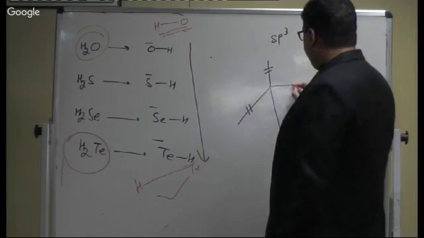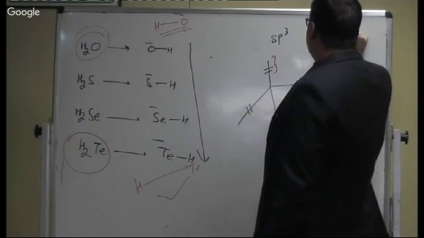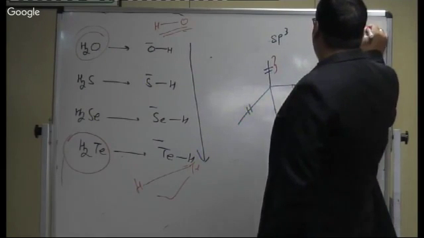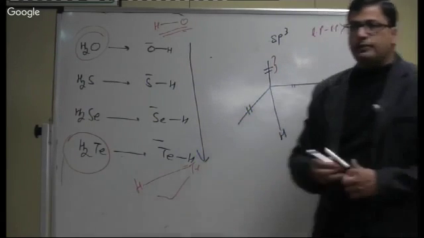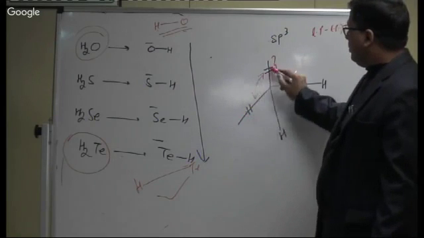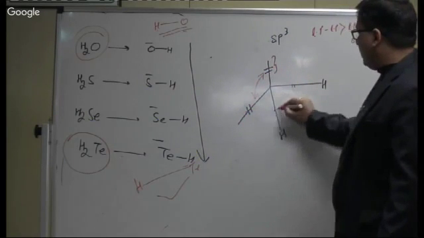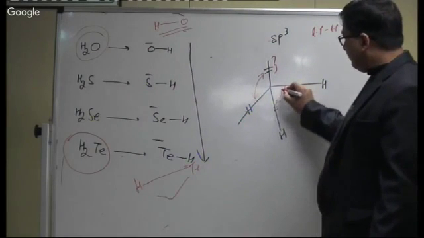We know that the repulsion between lone pairs is maximum as compared to lone pair-bond pair, as compared to bond pair-bond pair, right? So this lone pair repulsion is maximum. To compensate for this repulsion, the bond angle decreases.